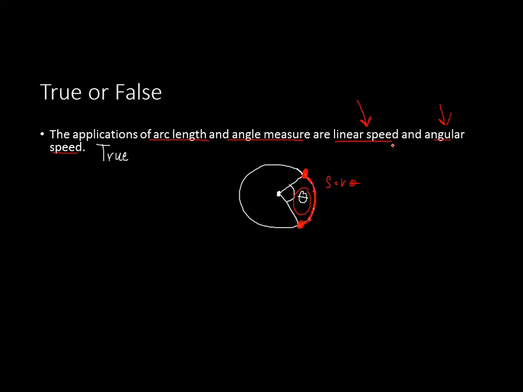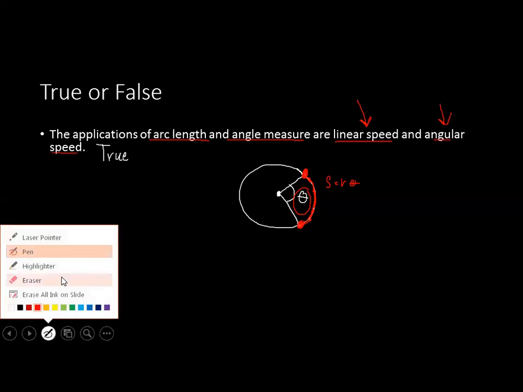Please do not ask me what the formula is, because it would be easier for you to answer the other statements, which will tell you whether the formula of this linear speed is this or not. At least now I tell you that these two are the applications of arc length and angle measures.